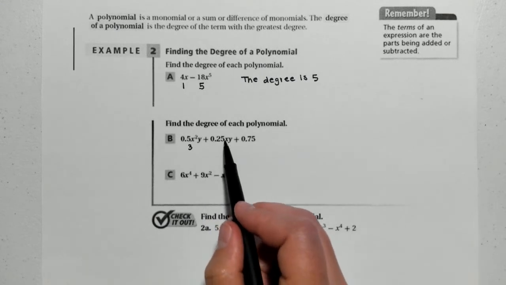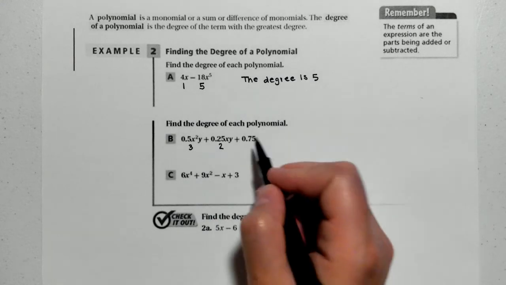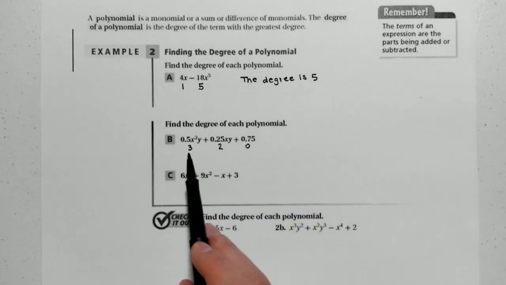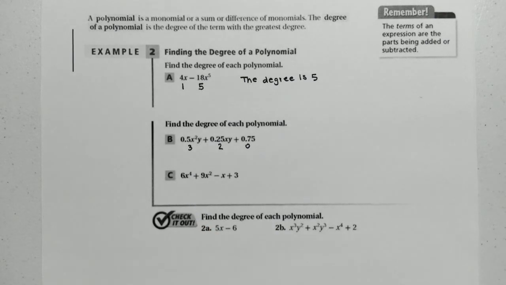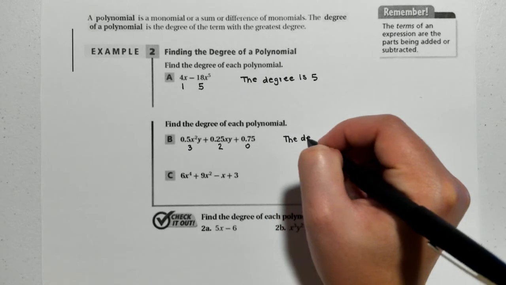So 0 plus 1 plus 1 gives us 2. And then 0.75 has a degree of 0. The largest degree is 3. So that means the degree of the polynomial is 3.